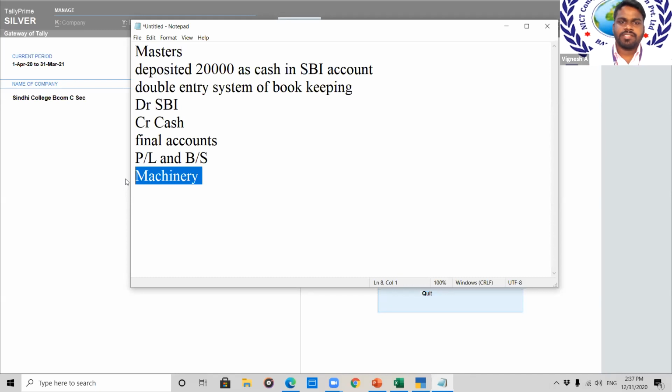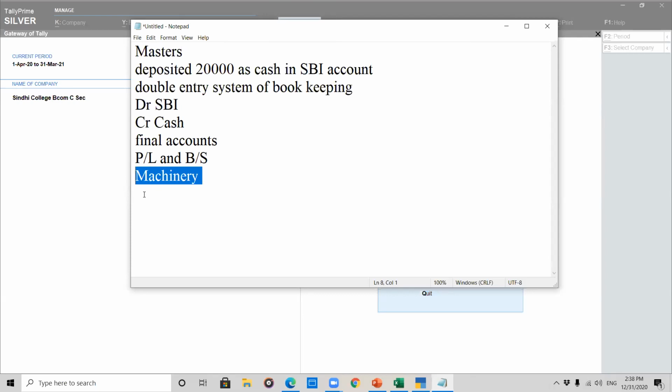Can any student answer? In which of the statements, either profit and loss account or balance sheet, do we find this machinery account? Profit and loss account.